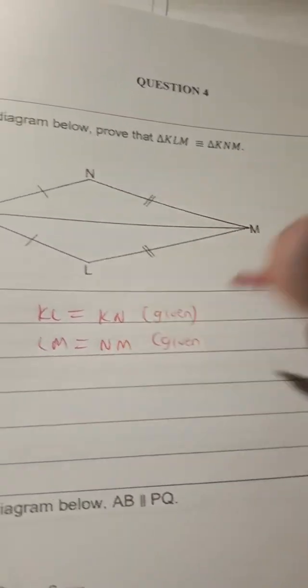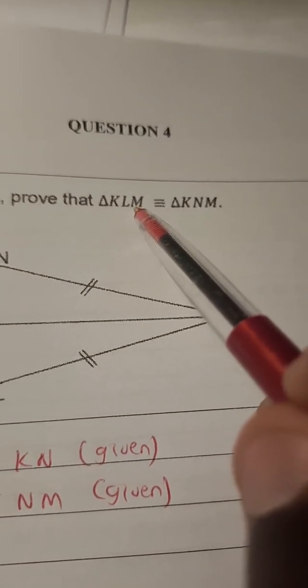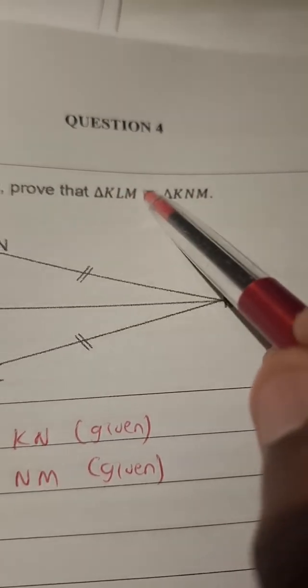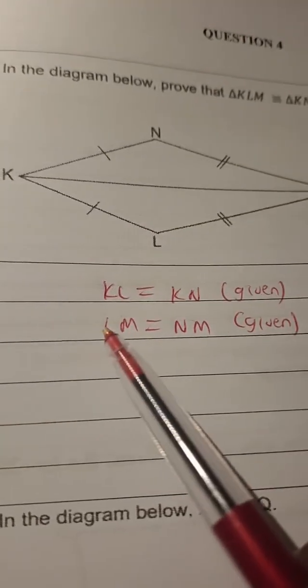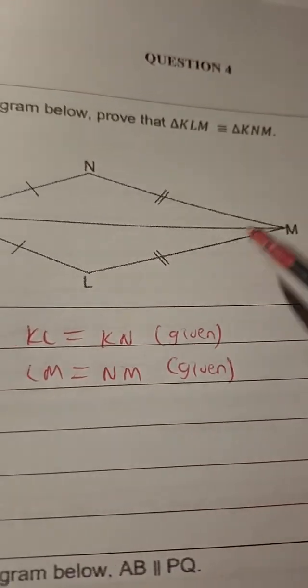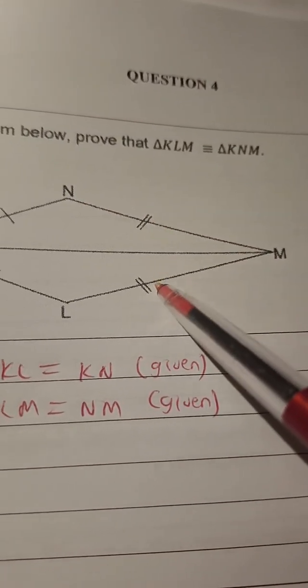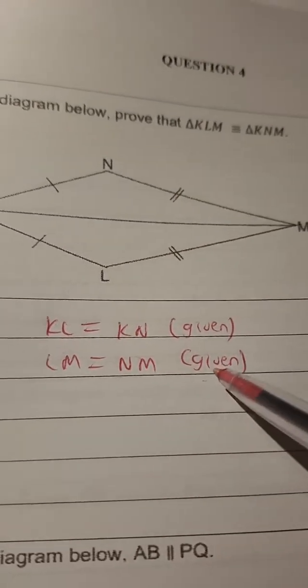Why? It is also given. If you look at the order of the letters in the triangle, LM and NM feature at the end. They are the last two letters in the triangle. And you can see that LM is equal to NM because of the symbols. There's two of them, so that means that pair is equal. The reason is given.